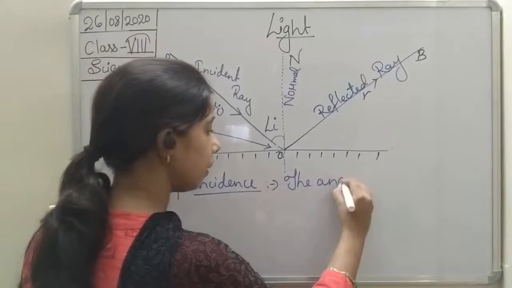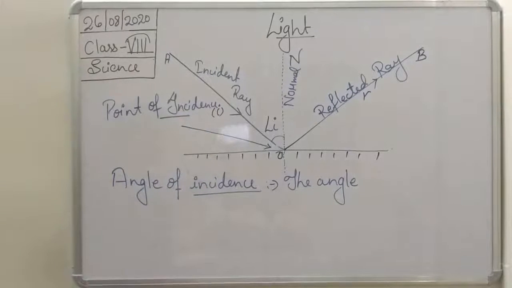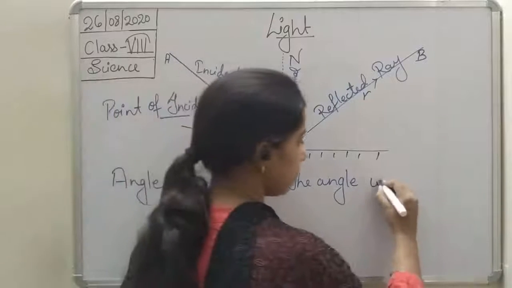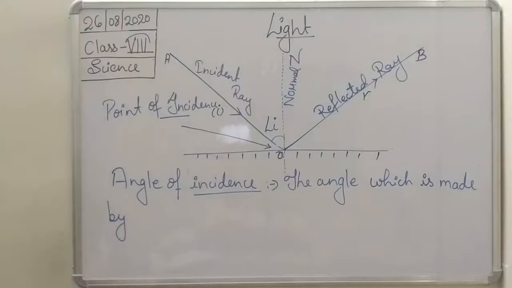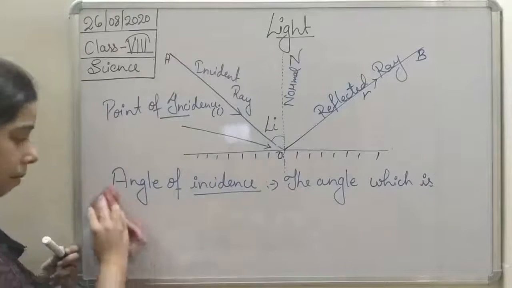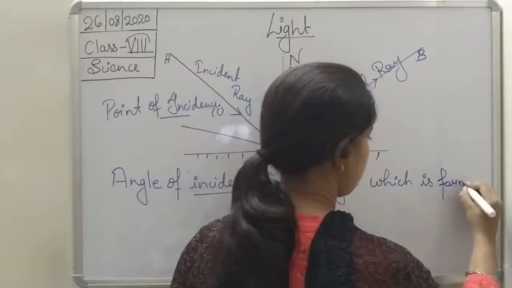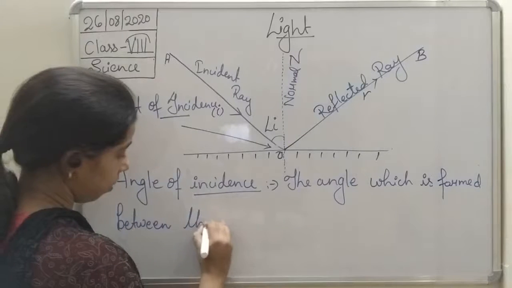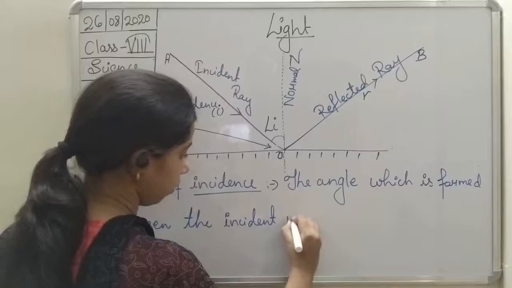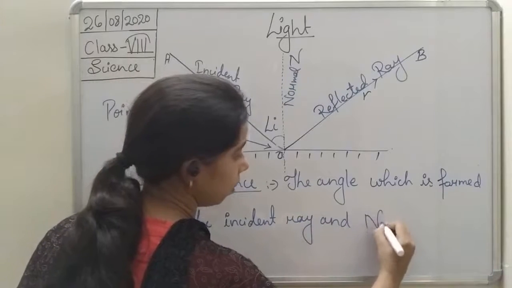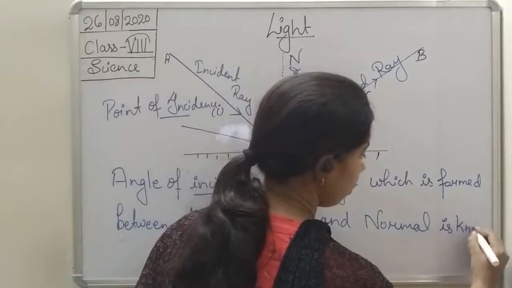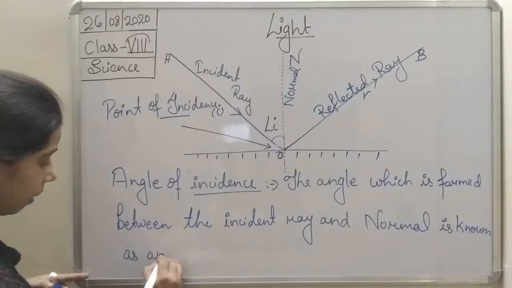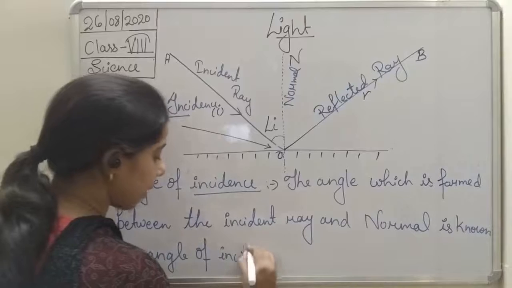The angle which is made or formed between the incident ray and the normal is known as the angle of incidence. Sorry, students, that will be the angle of incidence.